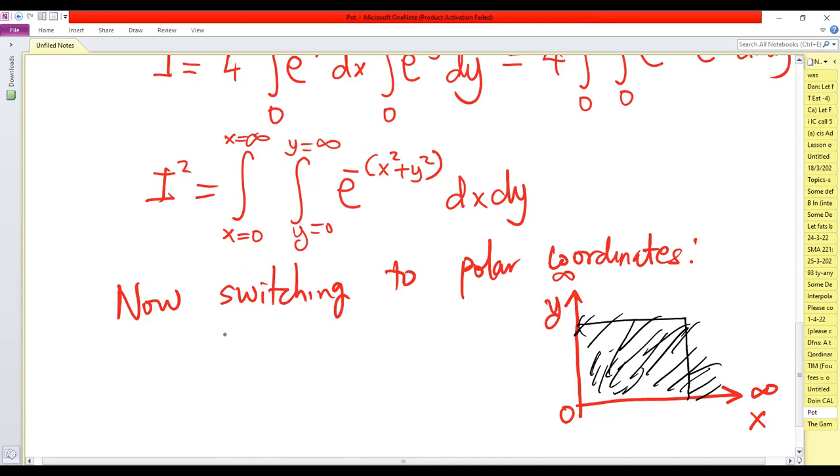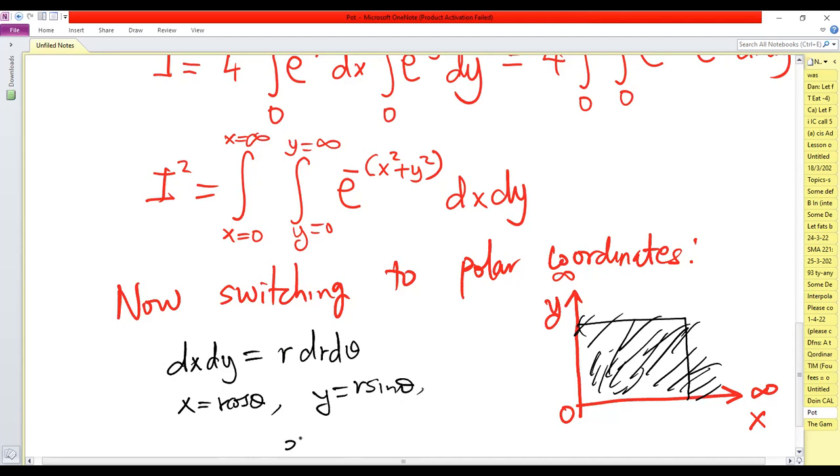And in polar coordinates, remember this area element, dx dy, is given by r dr d theta. Then x is given by r cosine of theta, y is given by r sine of theta, and x squared plus y squared is given by r squared.